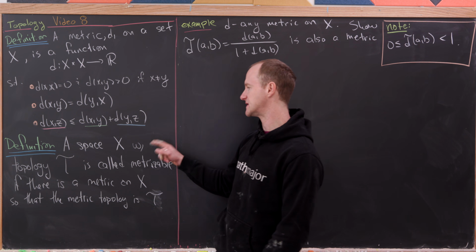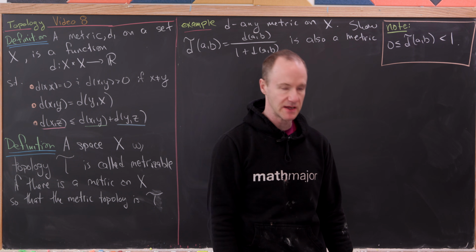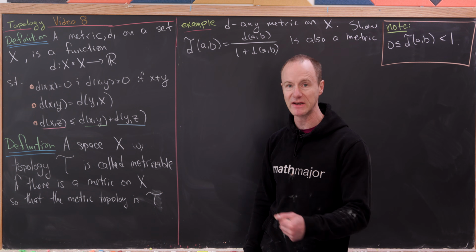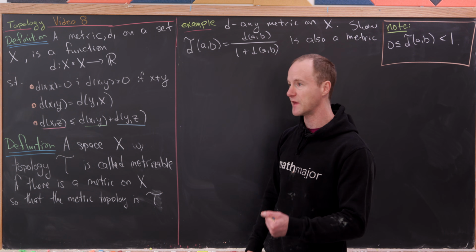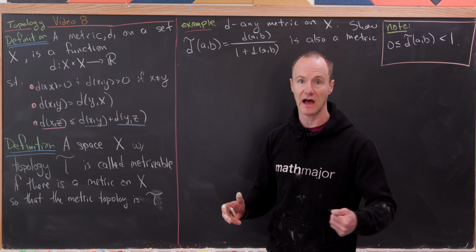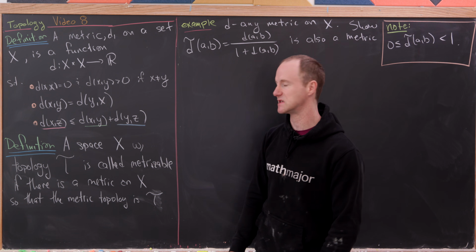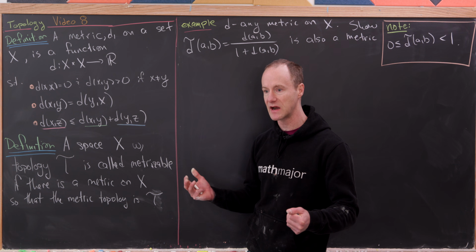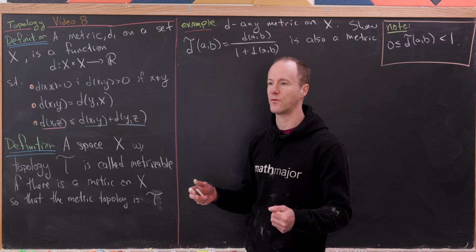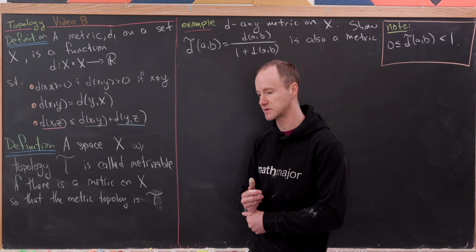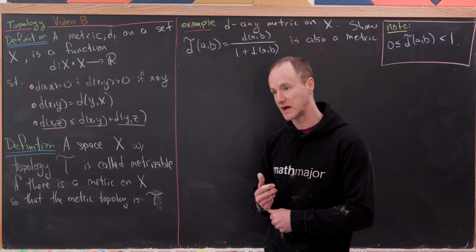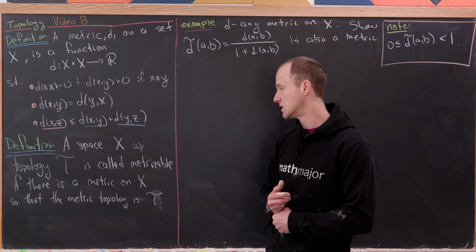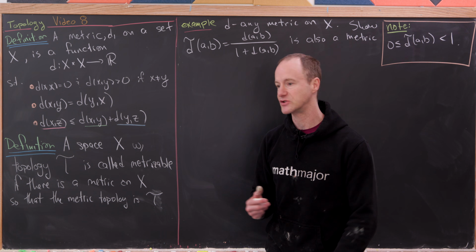Let's say we've got a space X with a topology T, and we'll say that this is metrizable if there's a metric on X so that the metric topology built out of that metric is the same as the topology T. This is super important because you can put a lot of different topologies on, for instance, the real numbers, but not all of them are metrizable. In other words, some of them don't allow you to build them out of a metric, if you will.